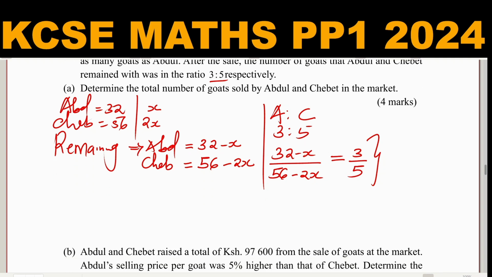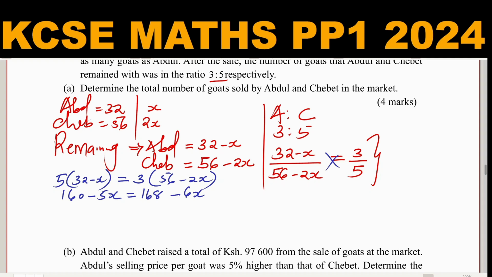So we work this out, and we simply do this by cross multiplication. We shall have 5 multiplied by 32 subtract X is equal to 3 multiplied by 56 minus 2X. When we open the brackets, this gives 160 minus 5X is equal to 168 subtract 6X.